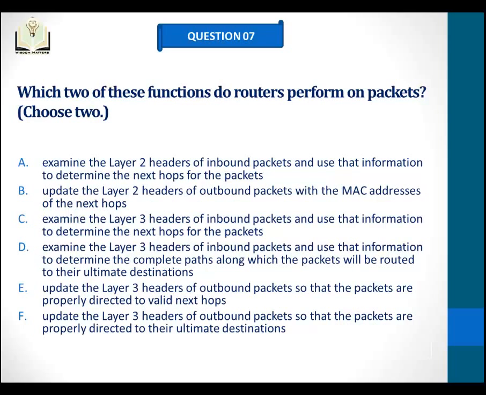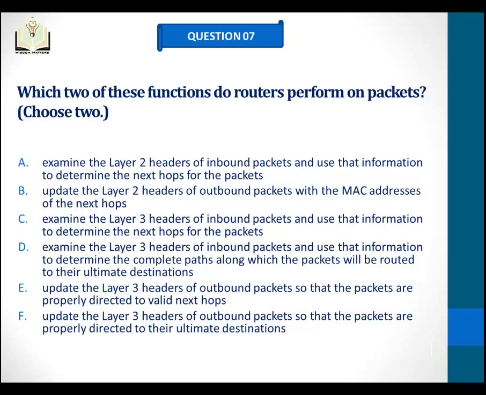Question 7. Which two of these functions do routers perform on packets? Choose two. A. Examine the layer 2 headers of inbound packets and use the information to determine the next hop for the packets. B. Update the layer 2 headers of outbound packets with the MAC addresses of the next hop. C. Examine the layer 3 headers of inbound packets and use that information to determine the next hop for the packets.